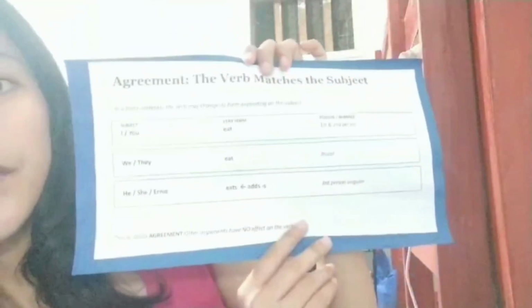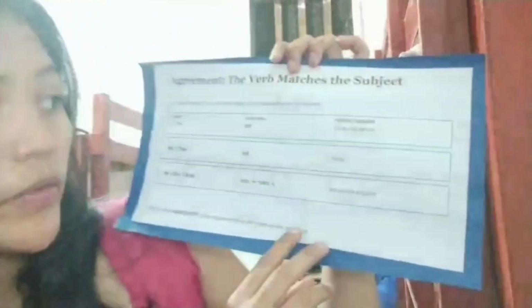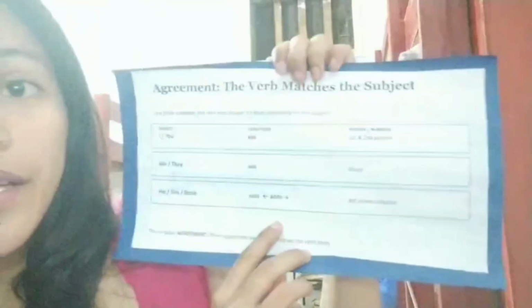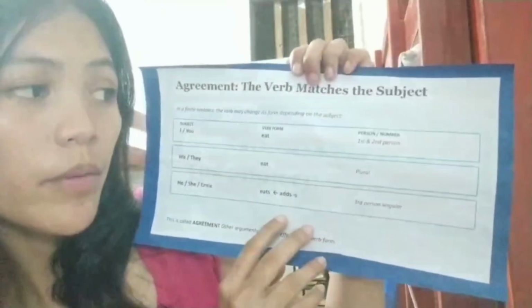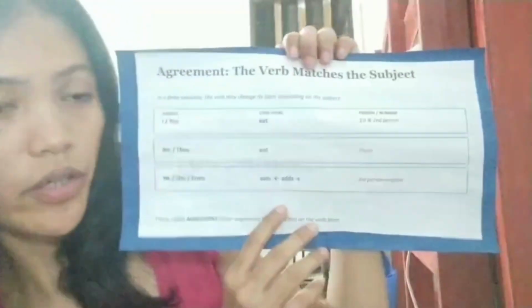Okay, so the last one is the subject and verb agreement. So this is one of the examples. In a finite sentence, the verb may change its form depending on the subject.